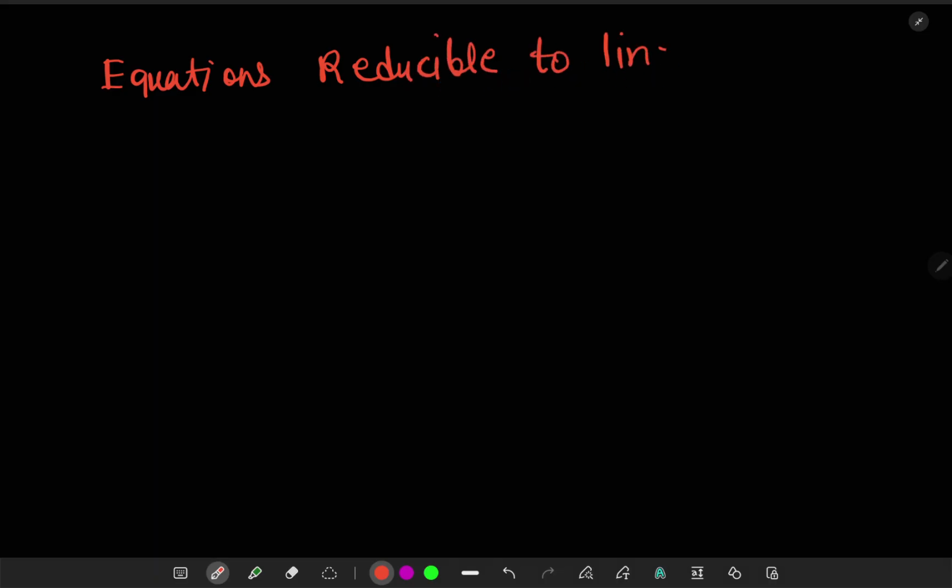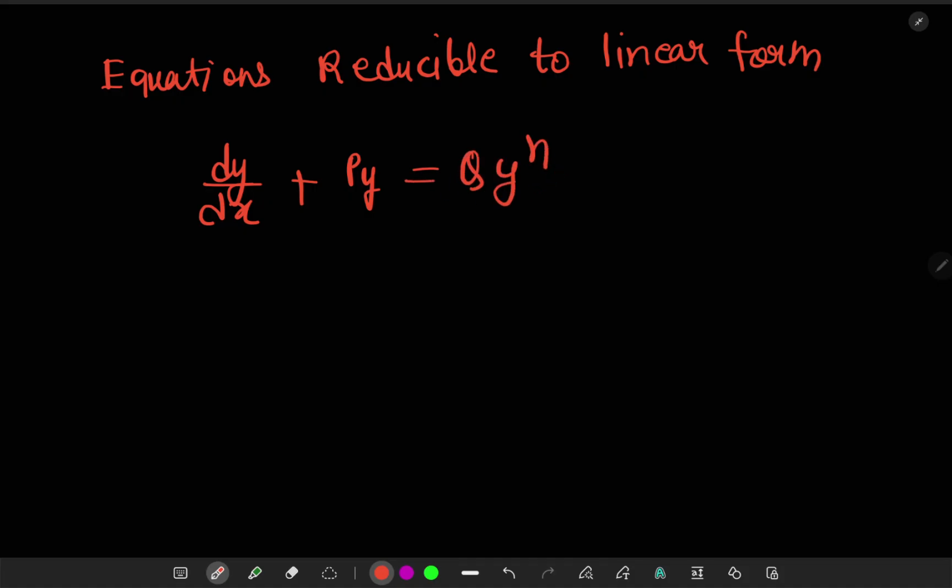Now another method: equation reducible to linear form. dy over dx plus py equal to q y raised to power n, and therefore this is not linear yet.